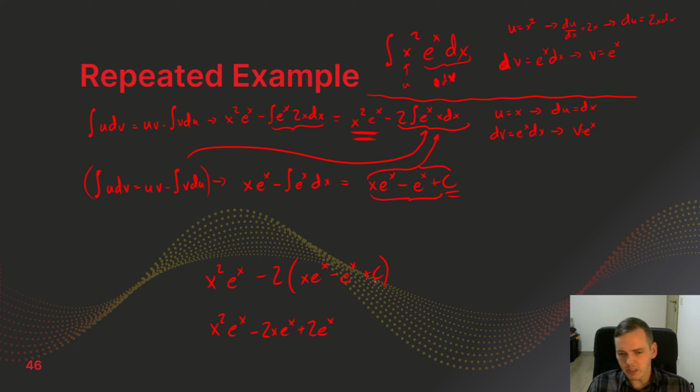technically this would be plus 2c if I distribute in the standard way. But because c is an arbitrary constant, it's just saying that it could be literally any constant you want. There's no reason to write a 2 in front of it, because if I wanted to pick my c as 5, and then it gets multiplied by 2, I could just as easily have written c and picked 10 instead.